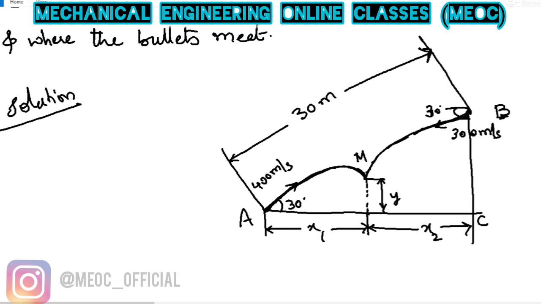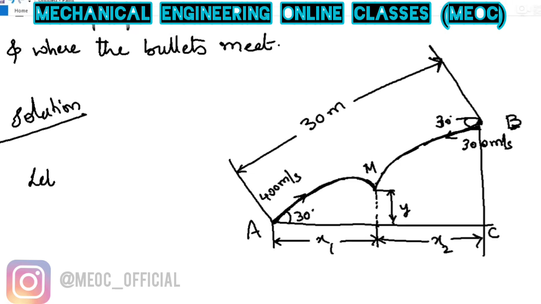The horizontal distance covered by the bullet from B is x2. So they are meeting at y distance from the ground. All right. So let t be the time at which they are meeting. So the bullets meet at point M after time t.